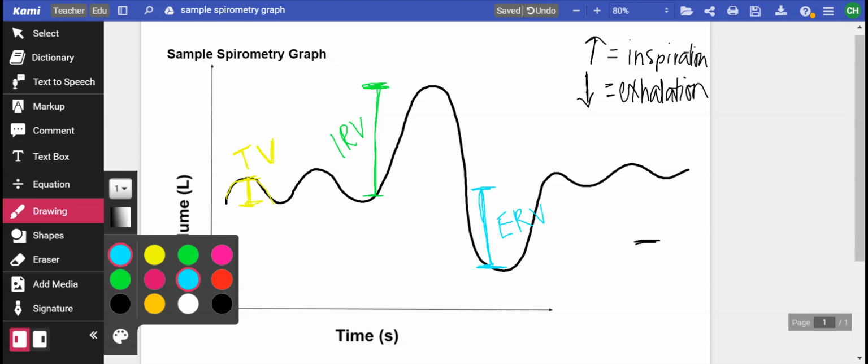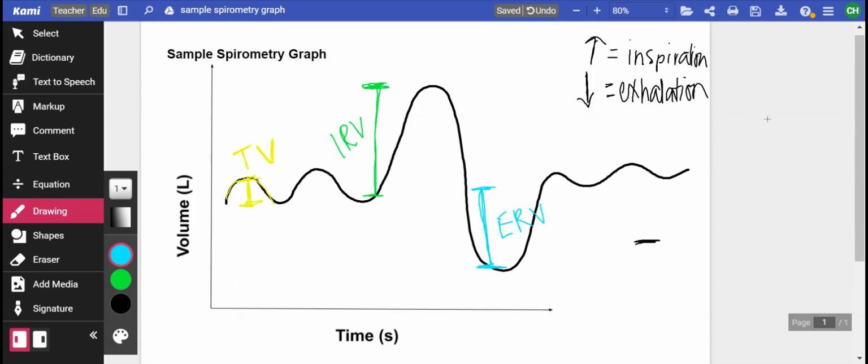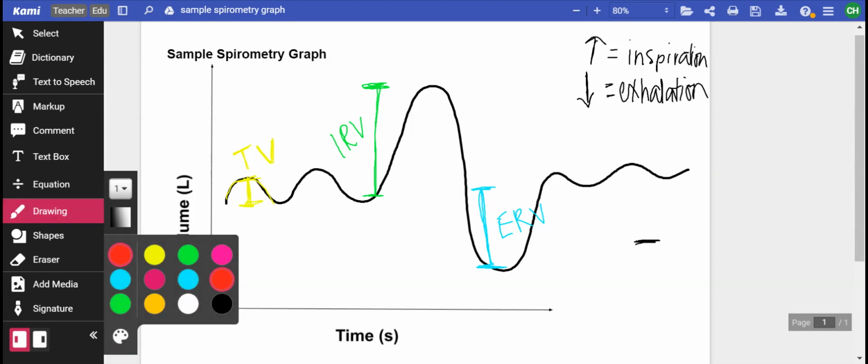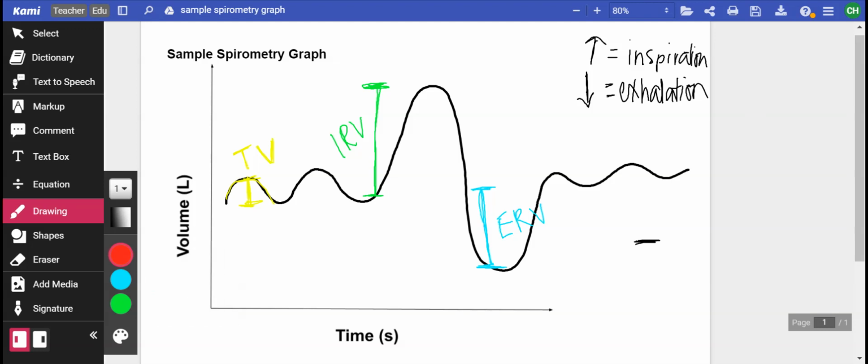And I know that these don't exactly line up. In reality, with a spirometry graph, you're going to be estimating these lines anyway. But for the sake of the diagram, let's just keep going. Okay, so there is a certain measurement that we like to talk about in terms of spirometry. There are lots of different ones that are actually helpful, because it would kind of suck if every single time we wanted to look at each individual portion of this graph.